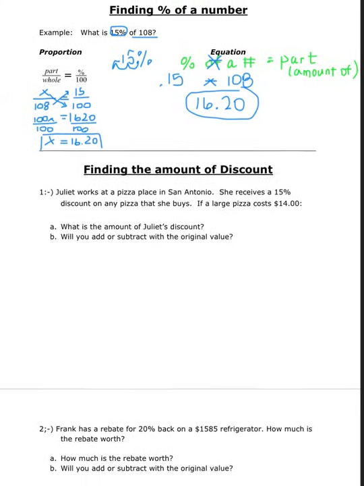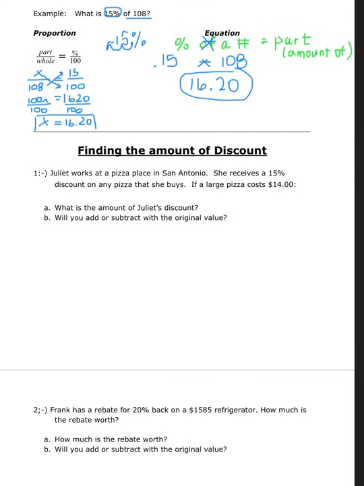On to the examples. Number 1, finding the amount of discount. Juliet works at a pizza place in San Antonio. She receives a 15% discount on any pizza that she buys. If a large pizza costs $14, what is the amount of Juliet's discount? So if I stick with the equation setup, I want to figure out what 15% of $14 is.